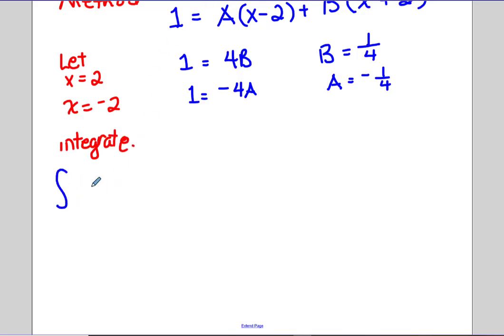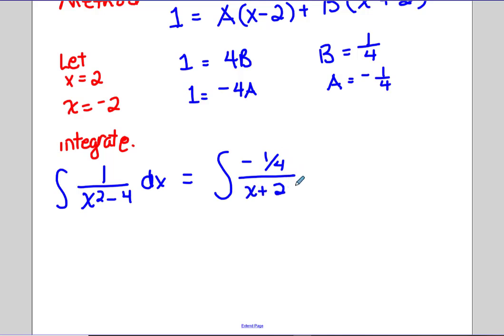So just to make sure that we're understanding this, 1 over x squared minus 4 dx has been rewritten to be negative 1/4 in the numerator divided by x plus 2 and positive 1/4 for the b term in the numerator divided by x minus 2, and we're integrating those two expressions with respect to x.